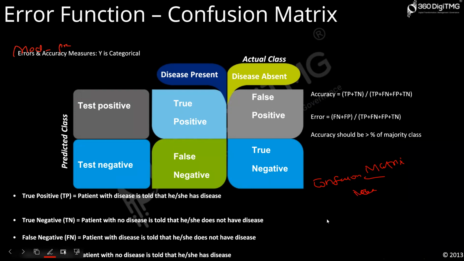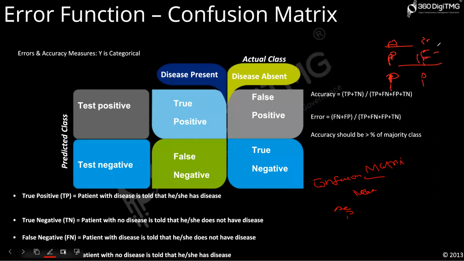Here we are not subtracting, we are comparing actual and predicted data, for example pass or fail. Let's assume student details, pass or fail. If the actual data is pass and the predicted data is fail, this is false negative. Fail means negative.